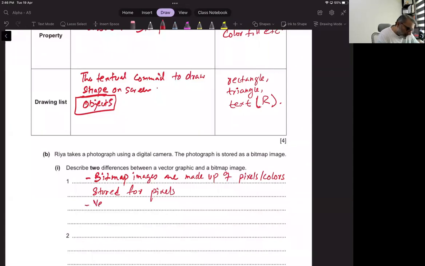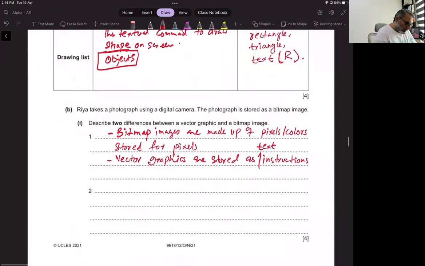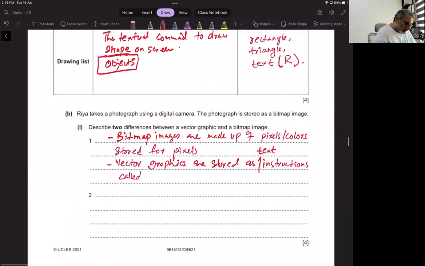Vector graphics are stored as instructions or text instructions called list or drawing list.